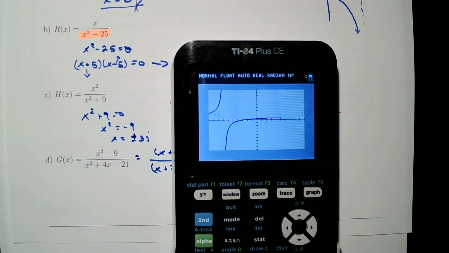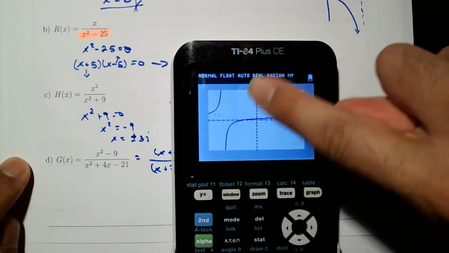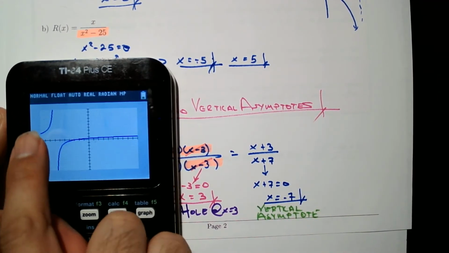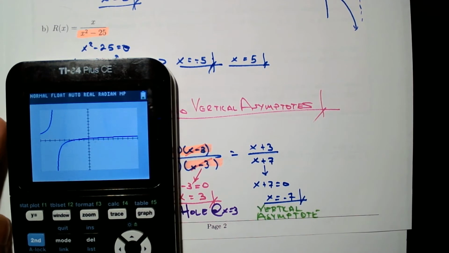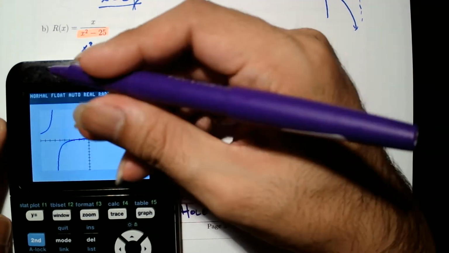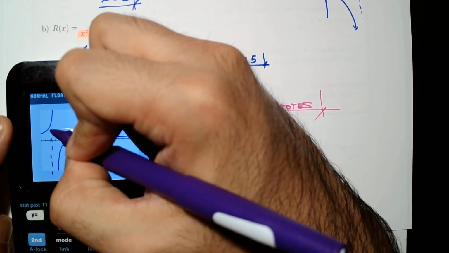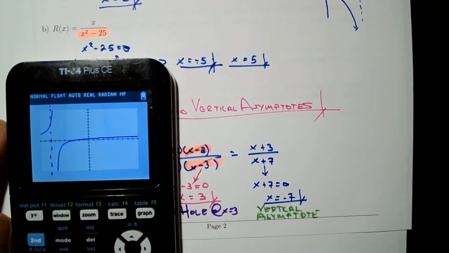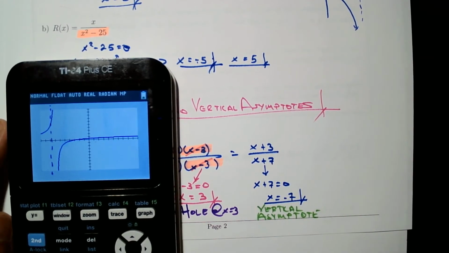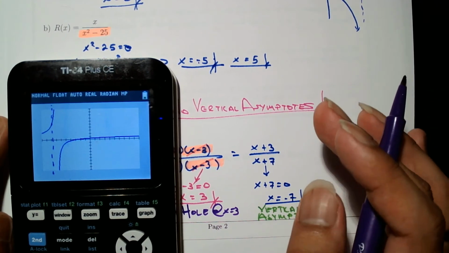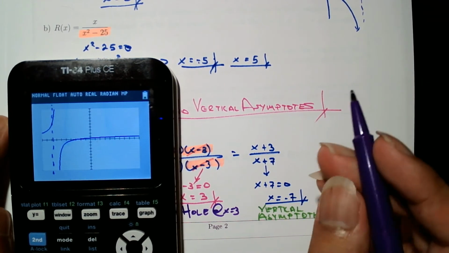See how the graph only shows you one vertical asymptote at x equals negative 7. It's right there. However, the graphing calculator doesn't show you those dashed lines called vertical asymptotes or horizontal. Actually, this one has horizontal asymptotes as well. We're going to look at those in a couple minutes.